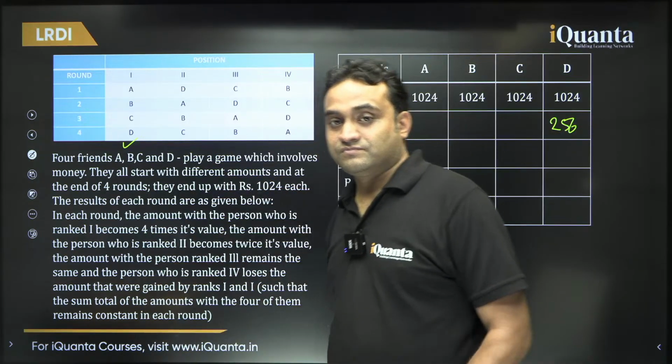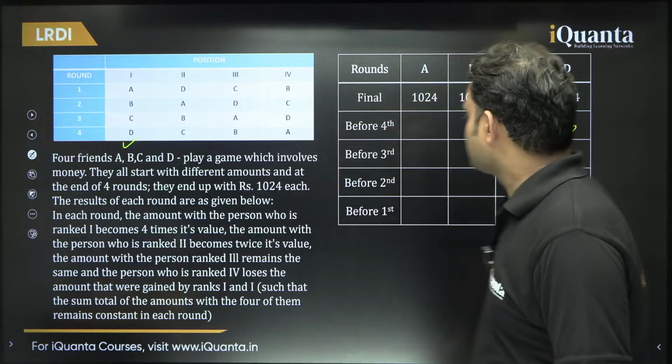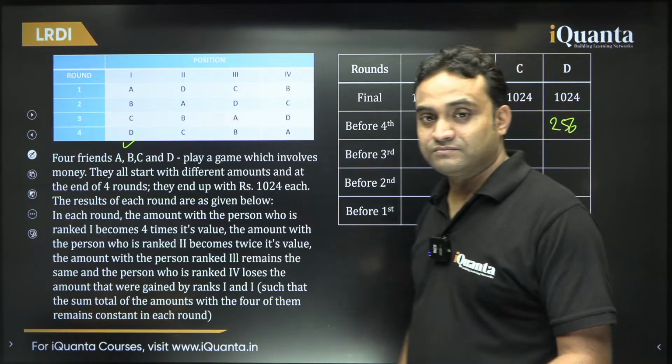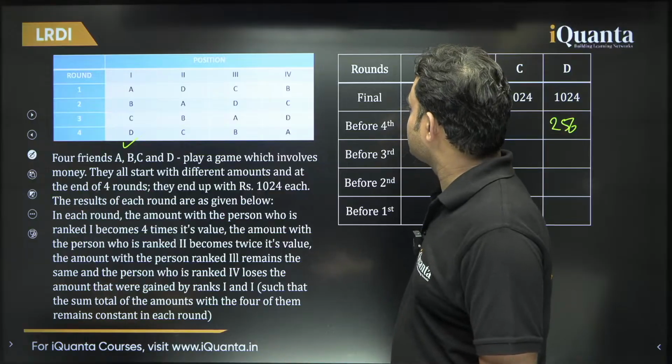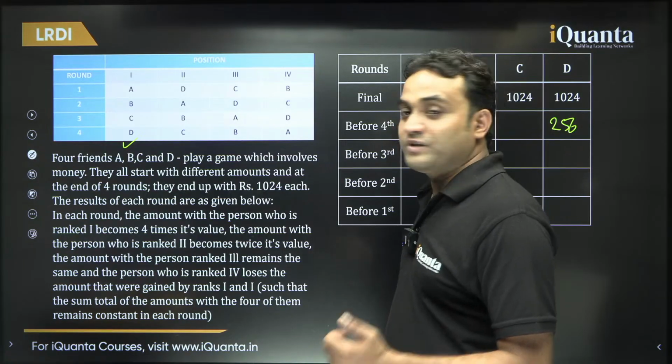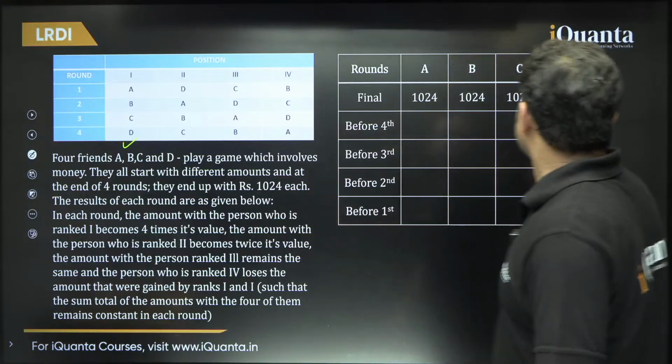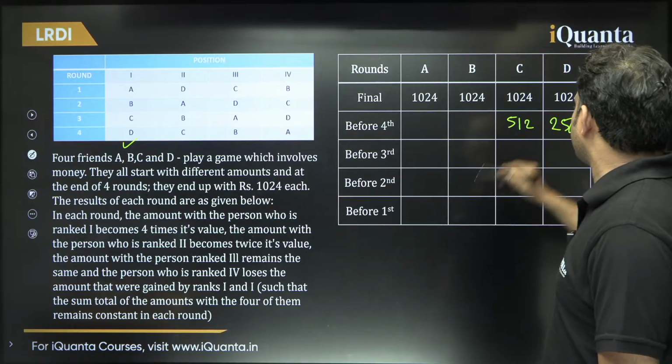C, second rank, right? So what can we say about the amount with C? It got doubled, so it must be 512, right?